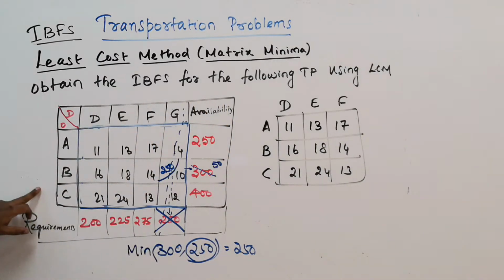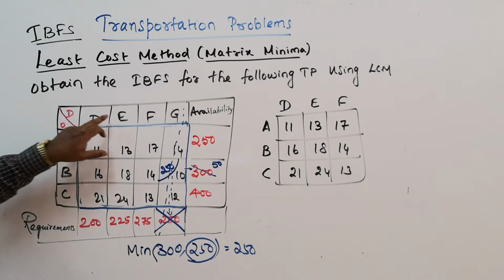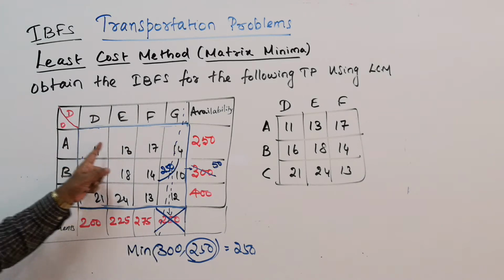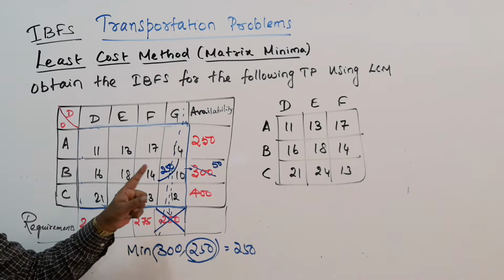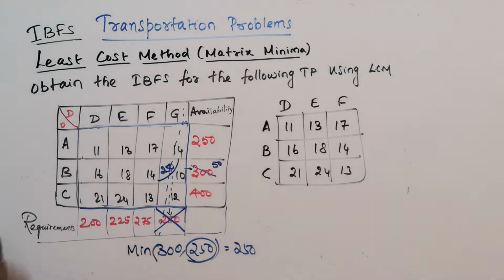So A, B, C, I am having 3 and here I am having D, E, F, destination. 11, 13, 17, 16, 18, 14, 21, 24, 13.